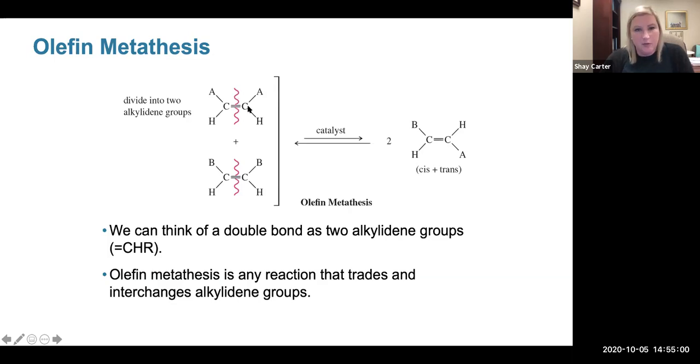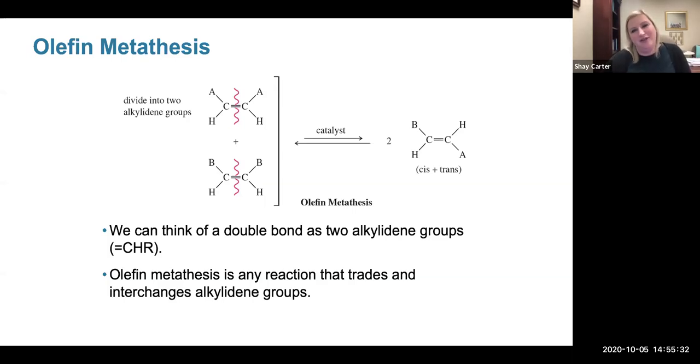When we have a double bond here, we can divide our double bond into two groups down the center, alkylidene groups, there we go. One side of our double bond is one group and one side of our double bond is the other group. And then we have one side of this double bond is one group and one side of this double bond is another group.